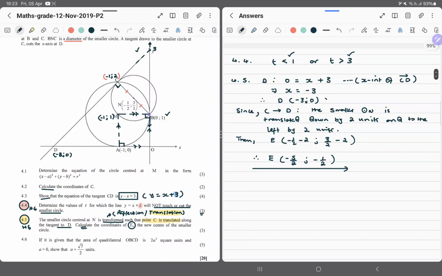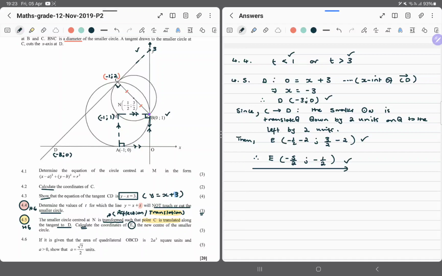So what is important is determining the x-intercept D initially from the line of CD. Then showing how we are translating this, because the question said calculate. So these are calculations in a strategic way. And finally, for the full coordinates of that point E.